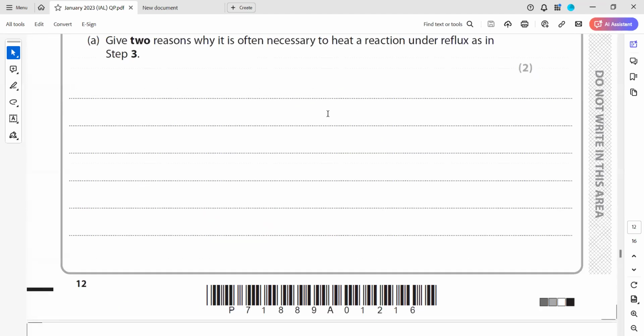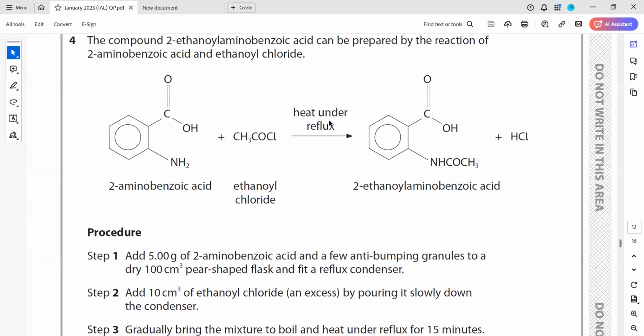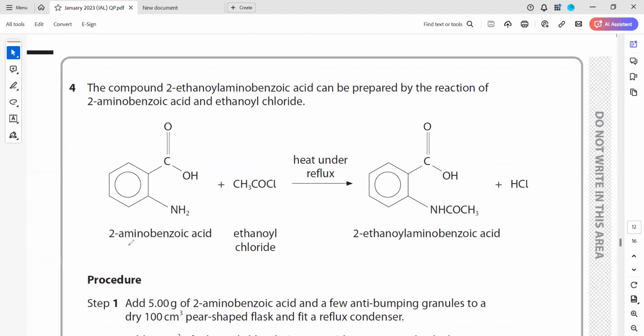The ratio is likely to be 1:1. So this is the limiting factor because we use the moles of the limiting factor to get the product. So how many moles did we calculate in the last part? That was 0.036. So 0.036 moles of product will be there.